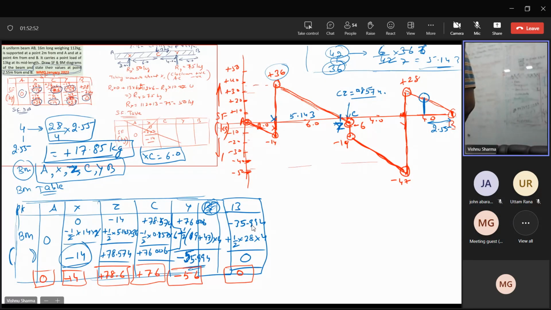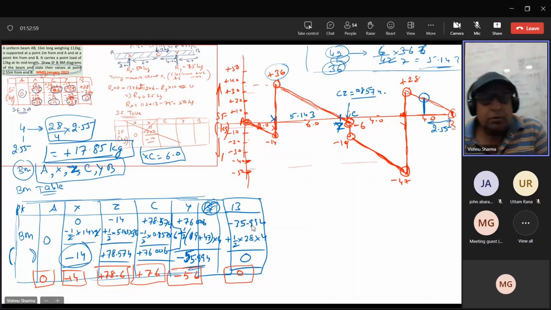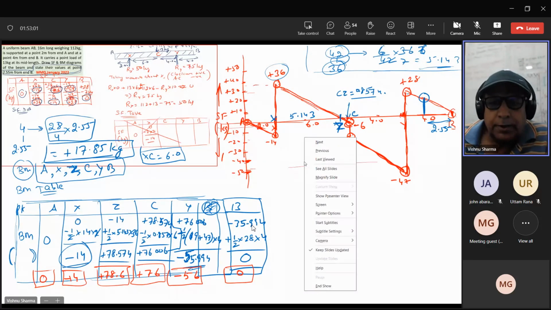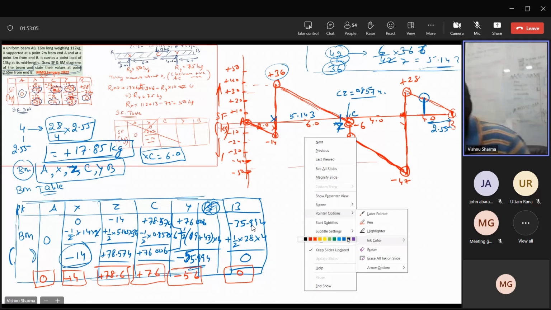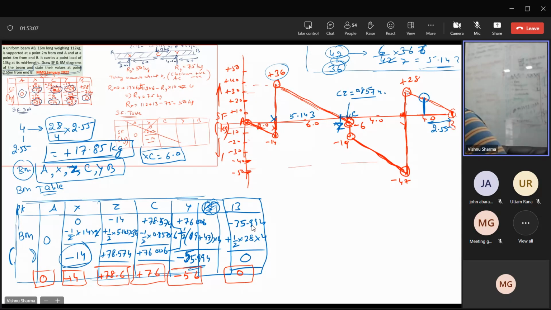Why is it not making a proper triangle? Let me change to blue and draw the triangle there. Why is it not a proper triangle, beta? It's a proper triangle. There is no assumption in that. This is the axis. This is up to minus 6, and this is this. Is this not a triangle, beta?